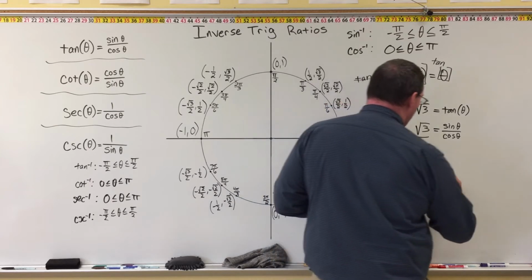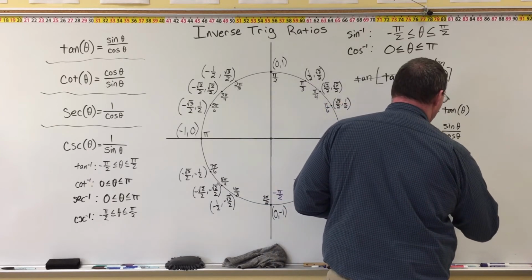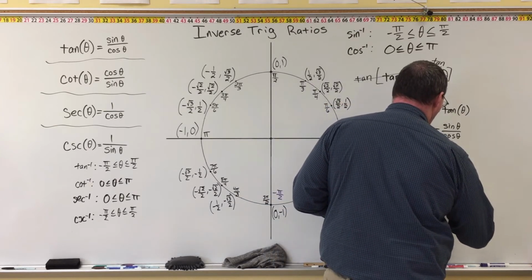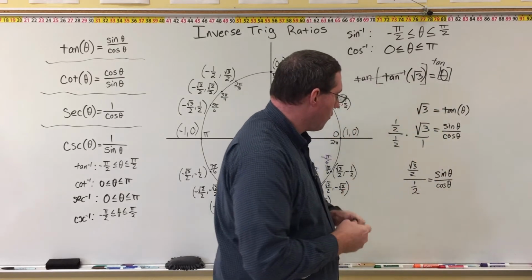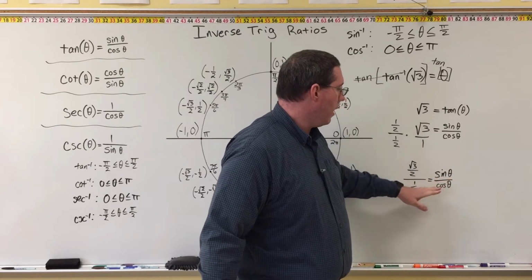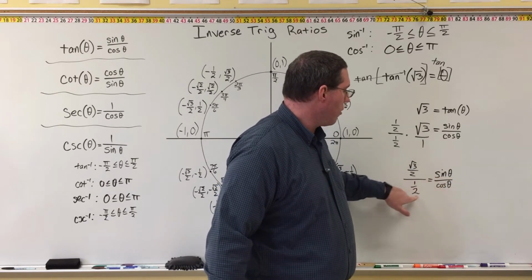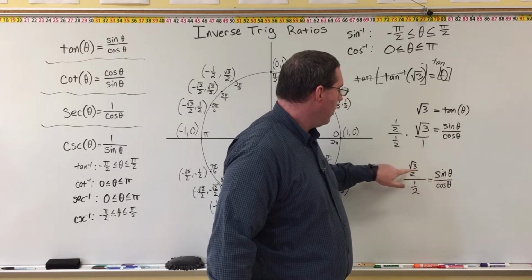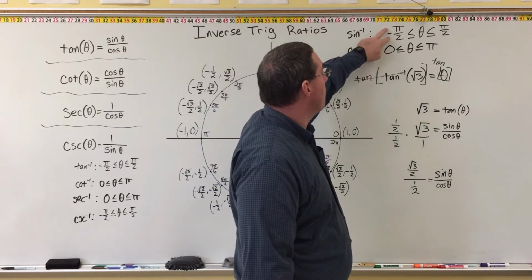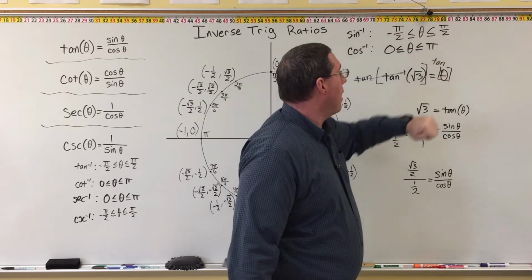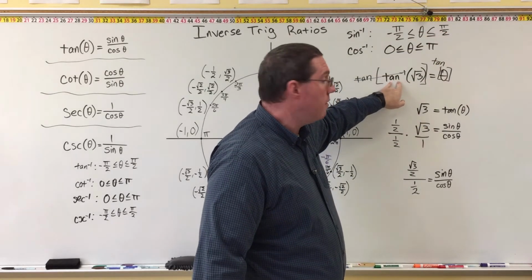And if this is equal to sine of theta over cosine of theta, well, then now we can find our answer for theta by just finding the coordinate where cosine is 1 half and sine is square root of 3 over 2. And it has to be on the interval from negative pi over 2 up to pi over 2, because we're dealing in tangent inverse.